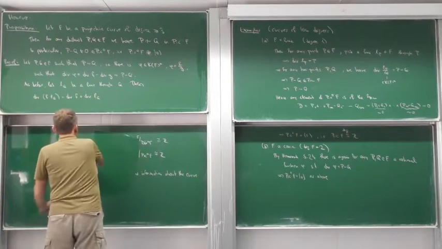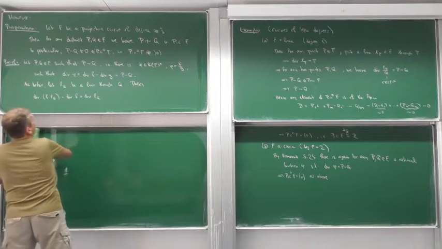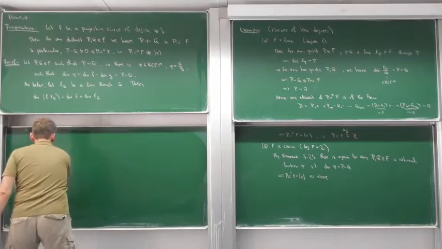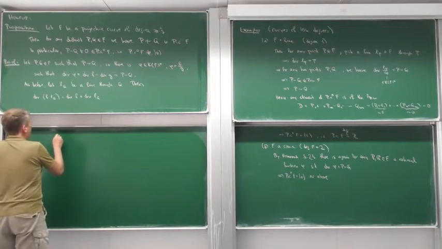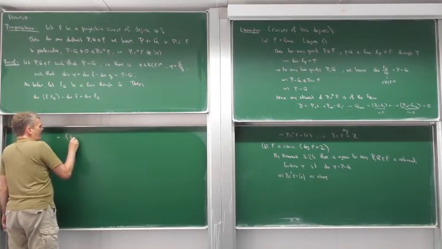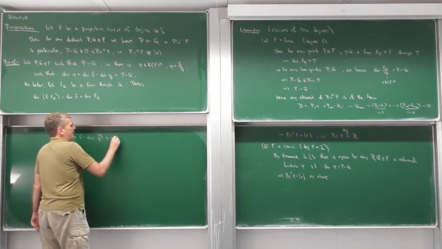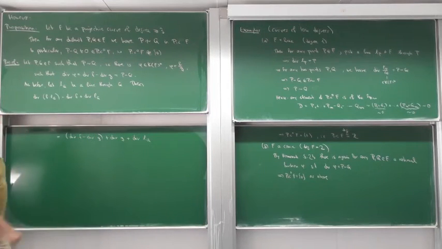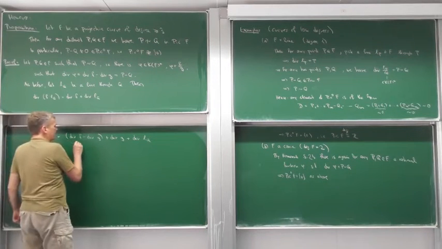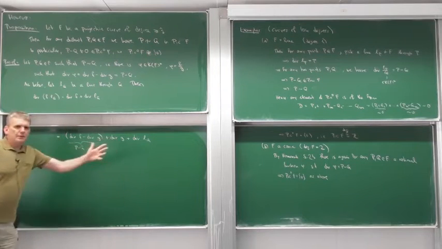Divisor is additive. So let me rewrite this as div f minus div g plus div g plus div L_Q. And let's look at the individual terms. So div f minus div g was p minus q. So that is just p minus q.